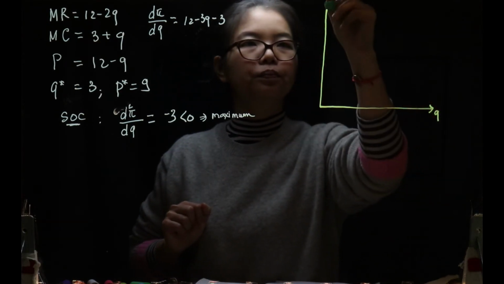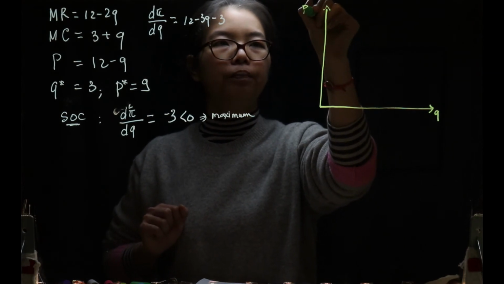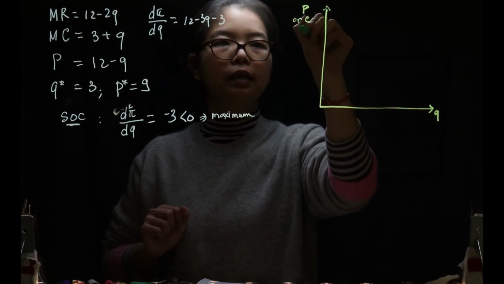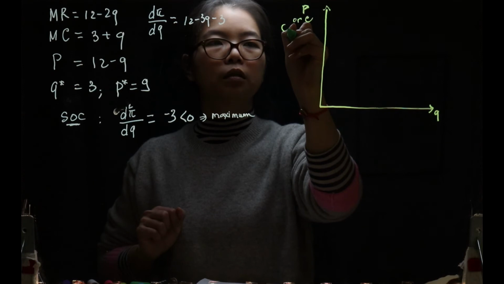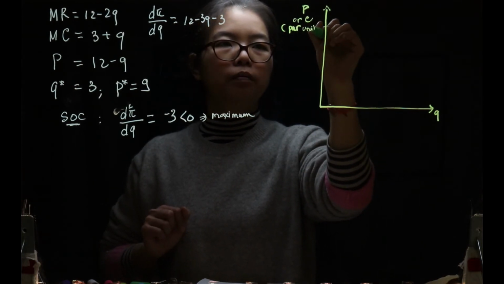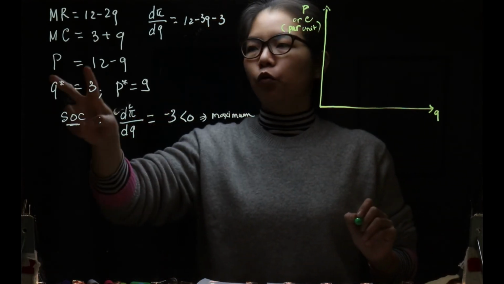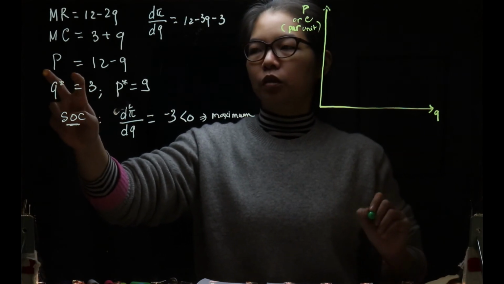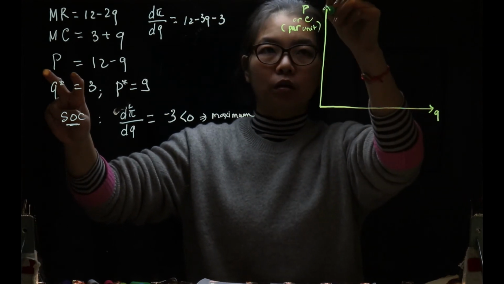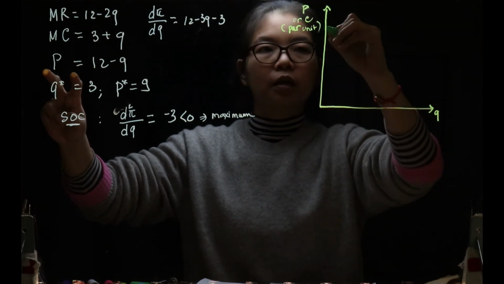So this is Q, and this can be either P or C, cost, per unit of product. Okay, let's first start with the demand curve. I mentioned that normally they draw the inverse demand, so P on the vertical axis.